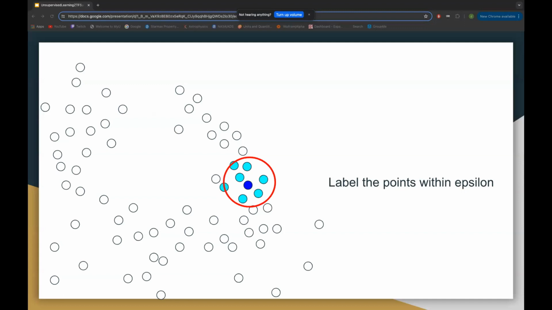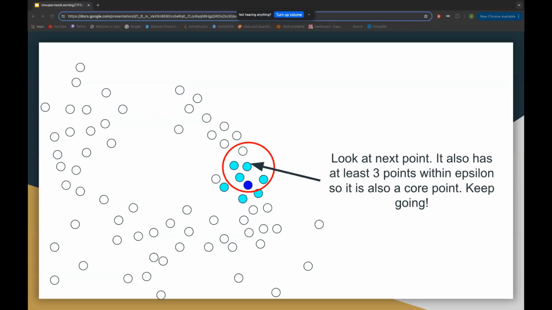So now we move on. We pick a new point here, and we see that this is a neighbor of this core point, and it also has at least 3 within epsilon, so it becomes a core point as well. We just keep doing that until we reach the end.